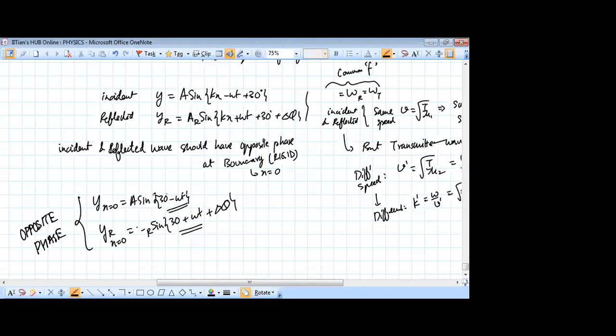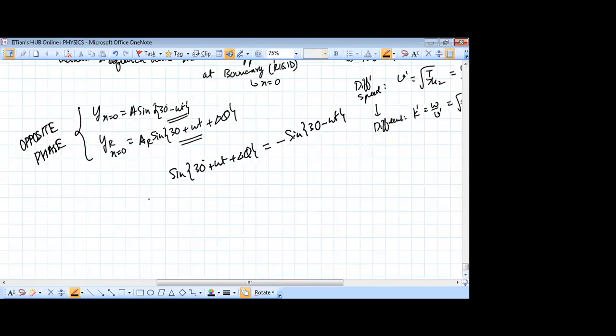So that means sine of 30 degrees minus omega t plus delta phi should be minus of sine 30 minus omega t. Okay.